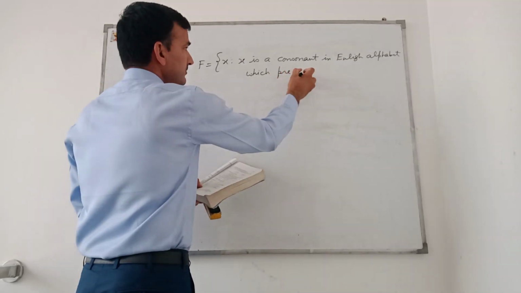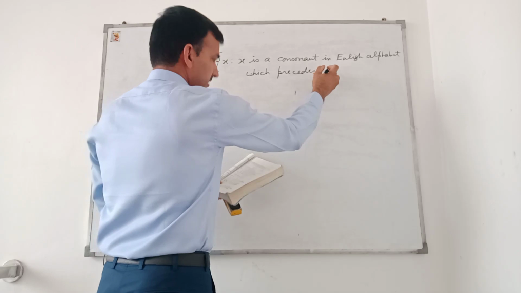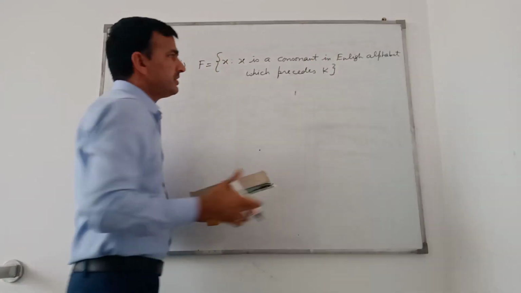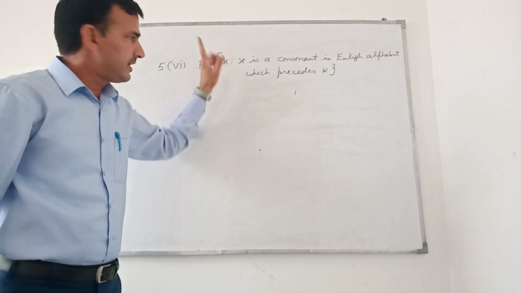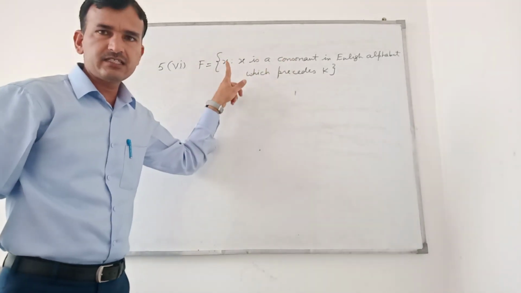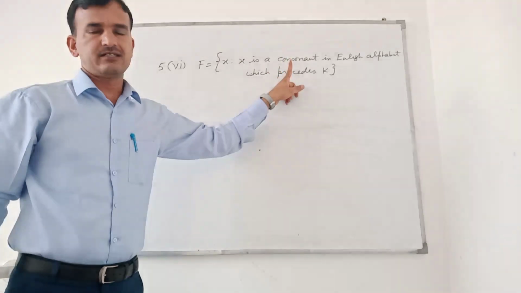Here x represents all the consonants in the English alphabet which precede K.